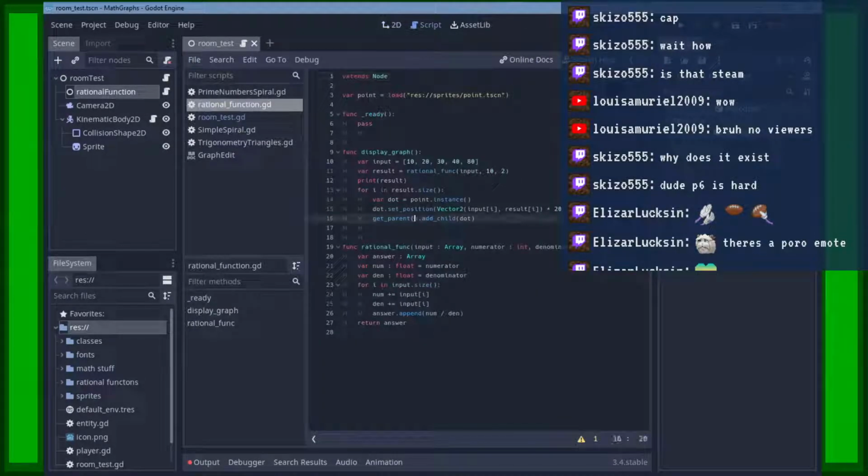Rational function. Then. Oh, denominator. Alright, I was trying to make a graph.